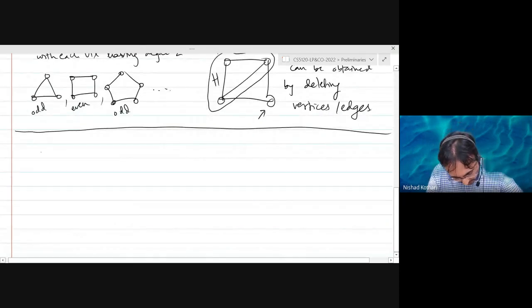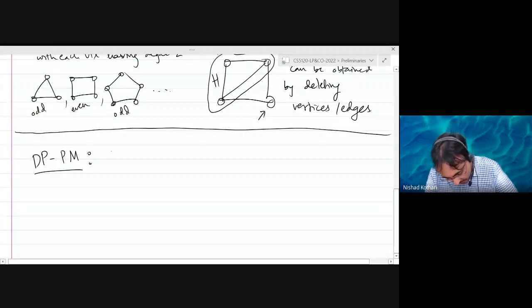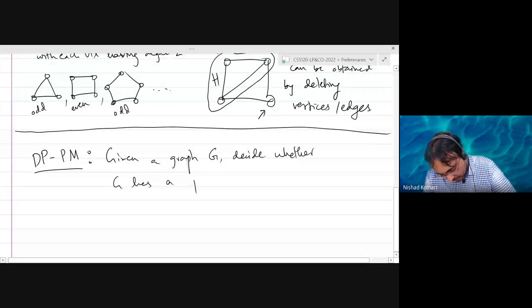Okay. So I want you to consider the following decision problem. It's a decision problem of whether a particular graph has a perfect matching or not. Given a graph G, decide whether G has a perfect matching?